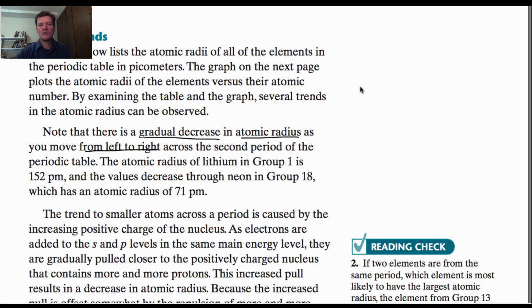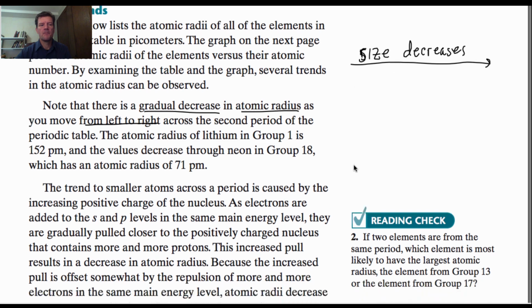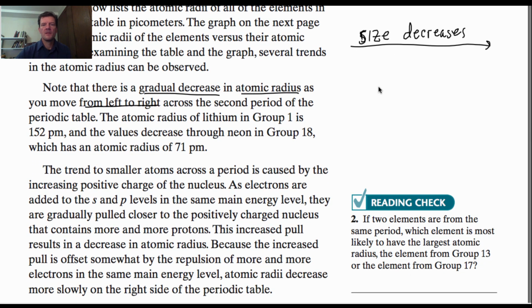So as you move across the periodic table from left to right, the radius, the size of the atom, decreases. As you move down a group, the size increases because you're going to higher and higher energy levels.